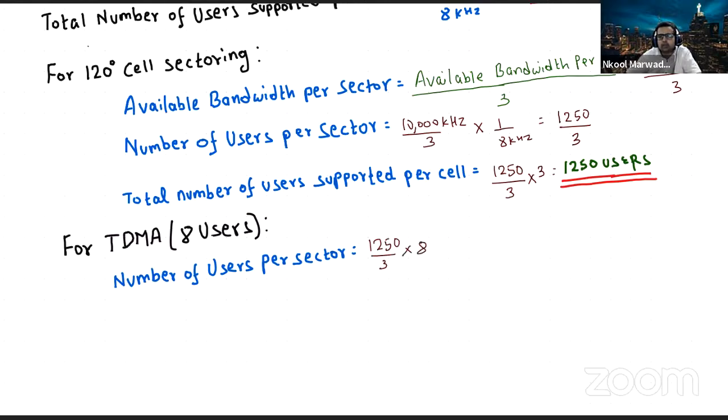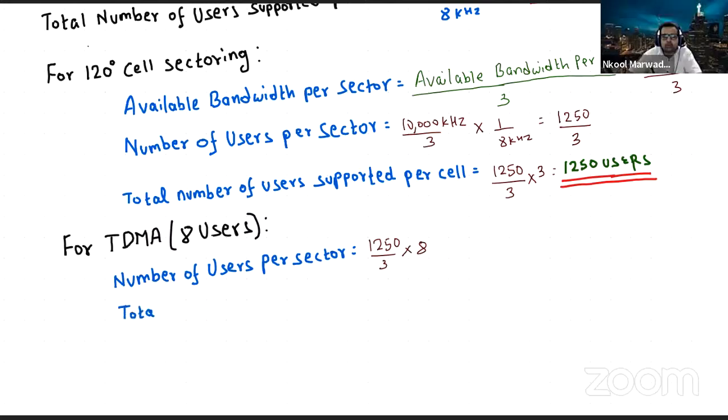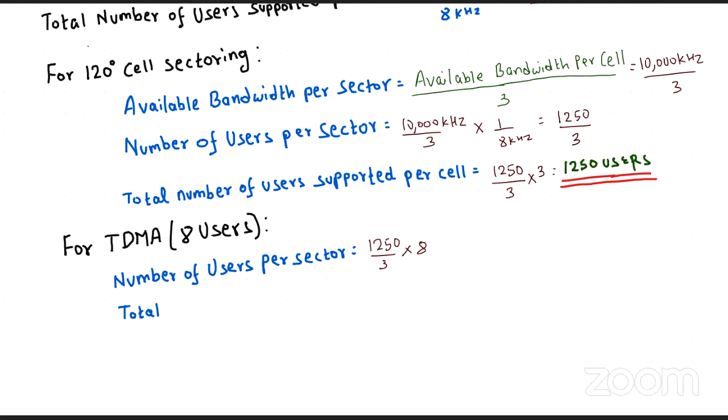Then the total number of users supported per cell, into 3.